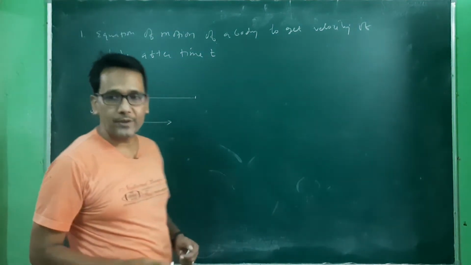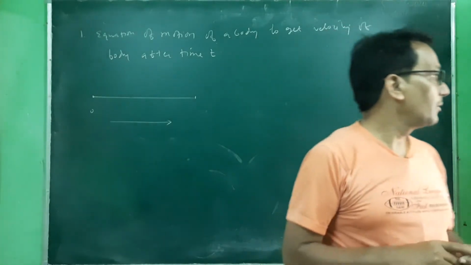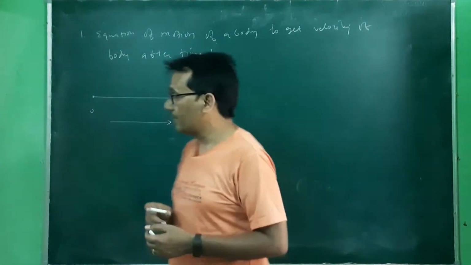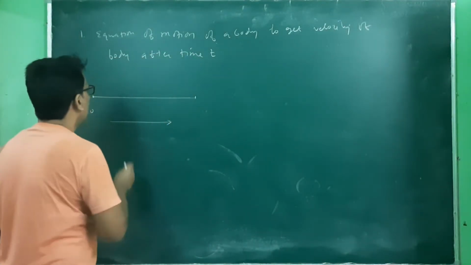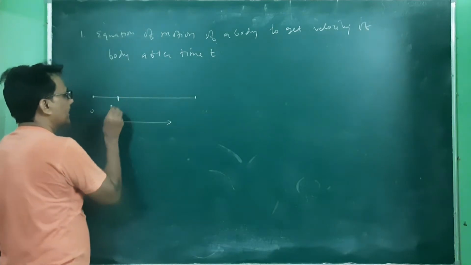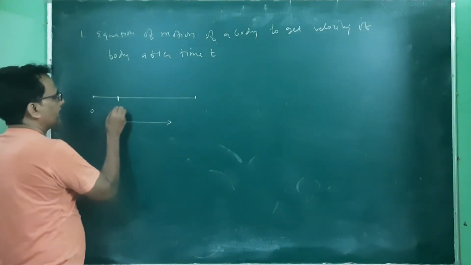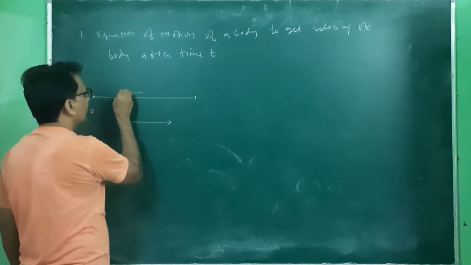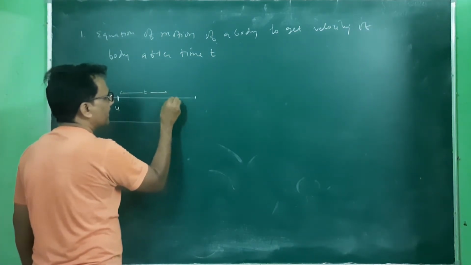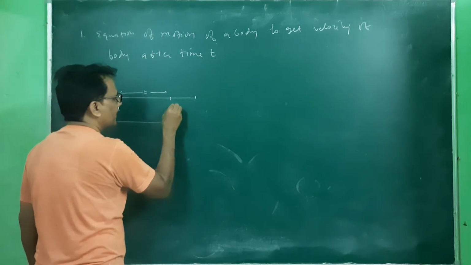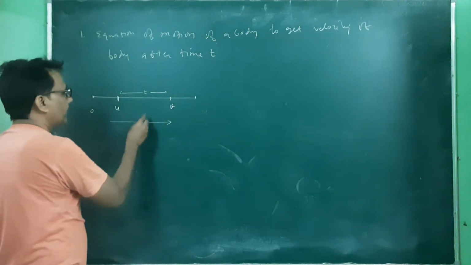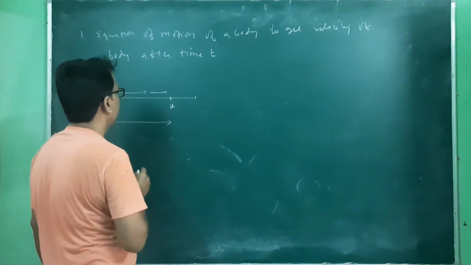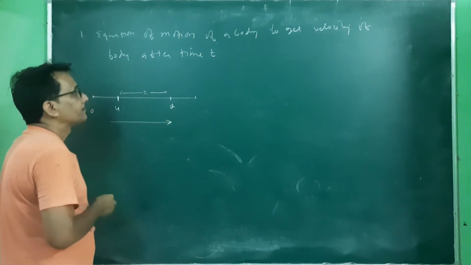We are considering one-dimensional motion, conventionally taken along the x-axis. This is the point where the initial velocity is u, and after time t the final velocity becomes v, and the body is moving with constant acceleration.